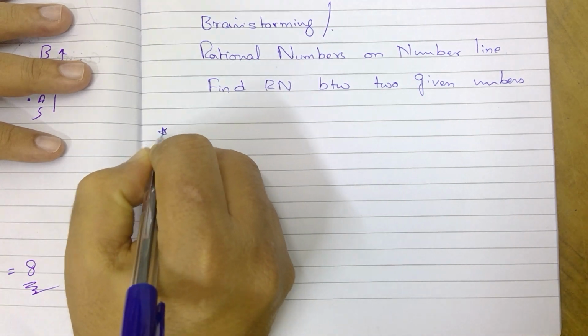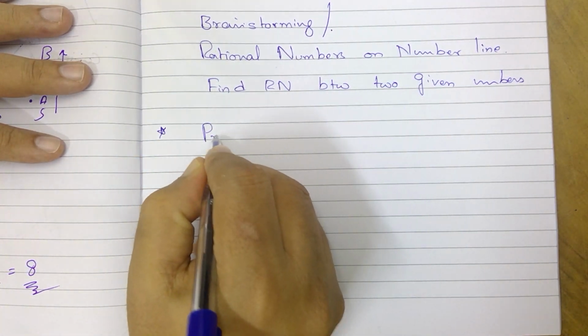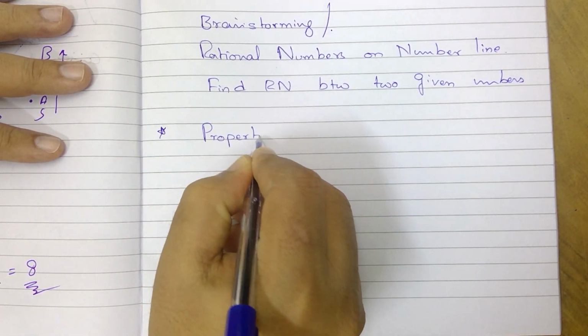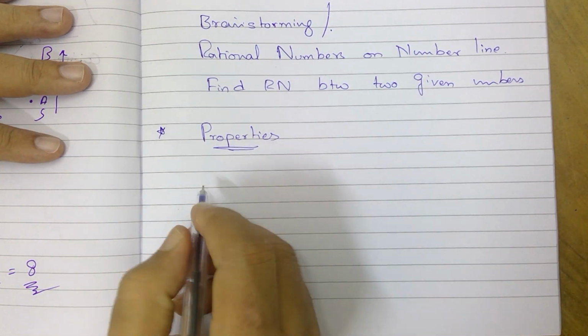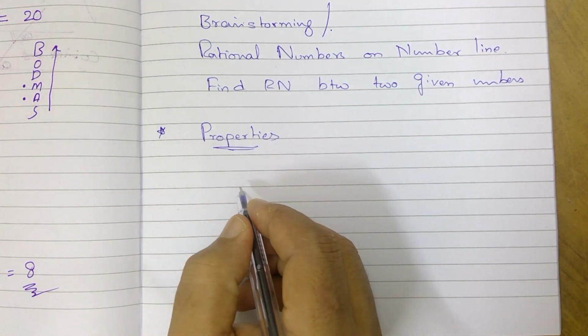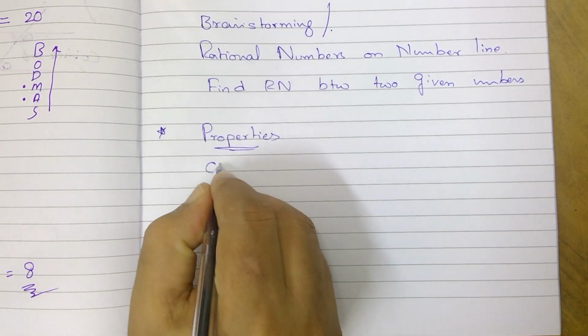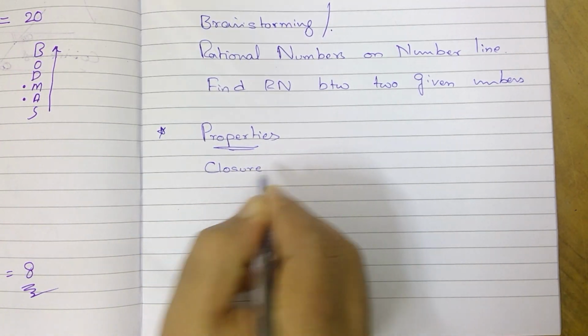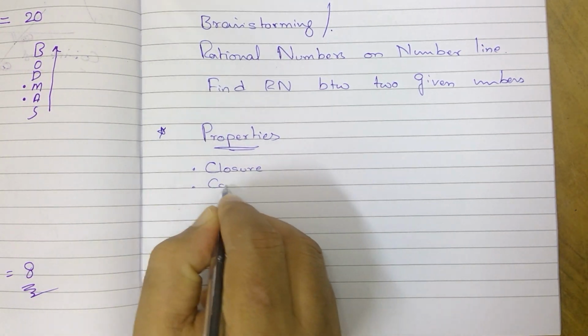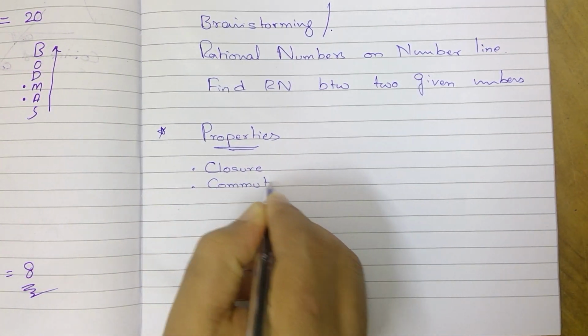Now, what is the first one? Properties. So, what are the properties we have studied related to operations of numbers? The first one is closure property, and next one is commutative.